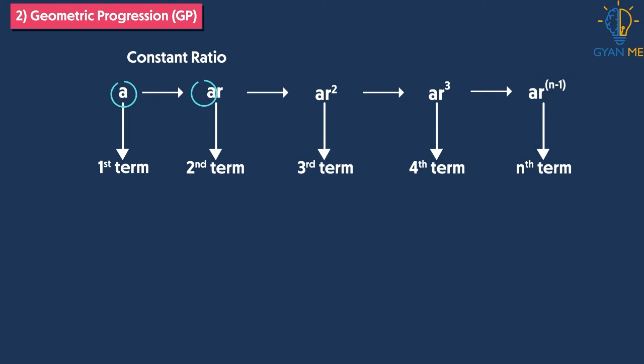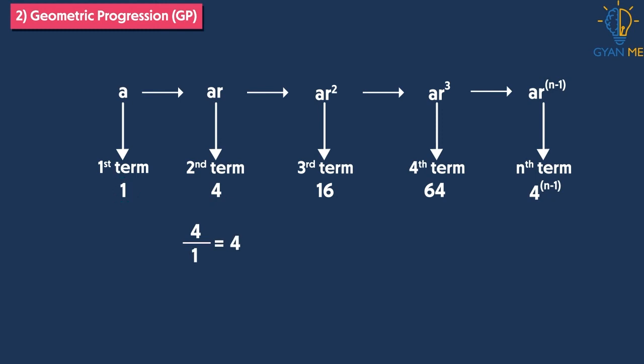Now, a geometric progression is a sequence where every term bears a constant ratio to its preceding term. Consider the following example of a geometric sequence: 1, 4, 16, 64 and so on. Observe that here, if we take the ratio of 4 to its preceding term, that is 1, we get 4.